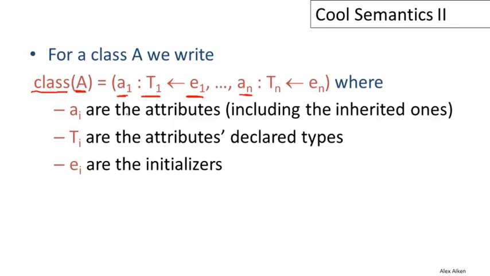One other important feature of this list is that it includes all the attributes of class A, including the inherited ones. And there's another detail, which is in what order these attributes appear. This will actually become important when we define the semantics of how attributes are initialized. The rule is that attributes are listed in greatest ancestor first order.